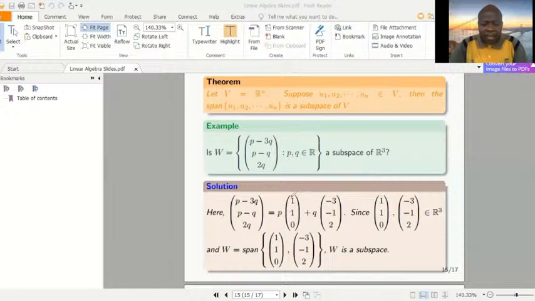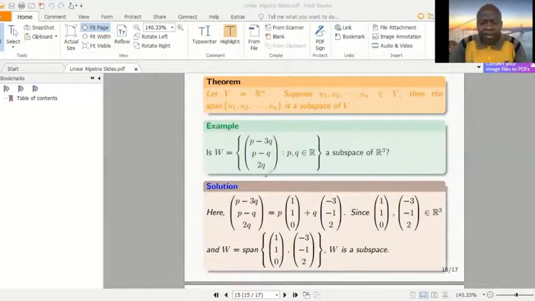But I can see that these two vectors are in R3. And they have been written as a linear combination of this other vector. So that therefore means that these vectors span R3. And so if they span R3 and W equals the span of that, it means therefore that this W is a subspace. And that is one way of doing it.